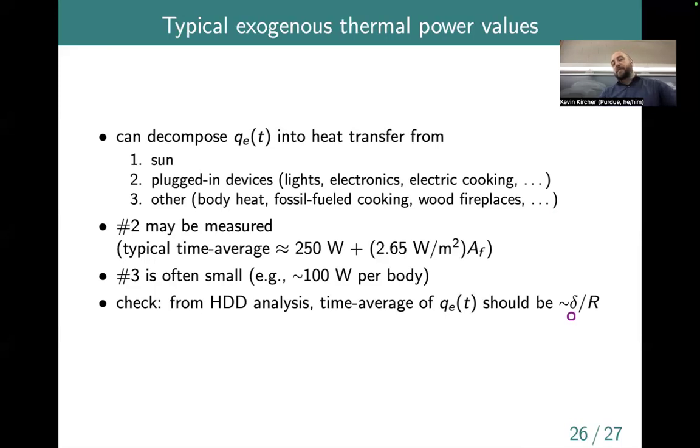This might be on the order of 4 to 10 degrees Celsius. So after coming up with ways to estimate all of this, you can sanity check your estimate by plugging it in and comparing it to what you have in your mind for delta, and whatever you calculated for R. It's an overall consistency check on the model.